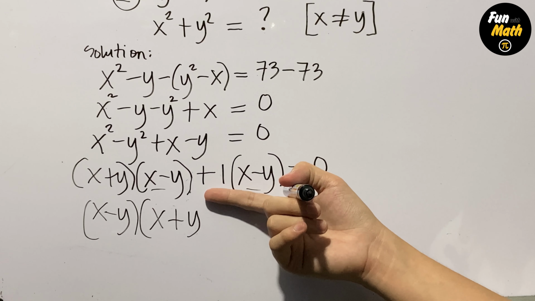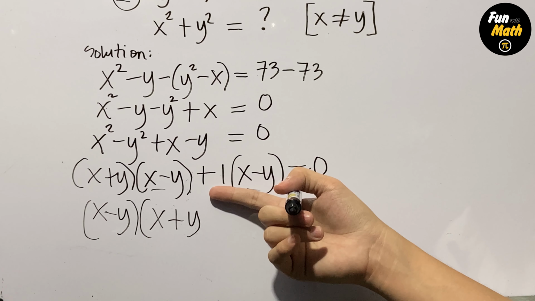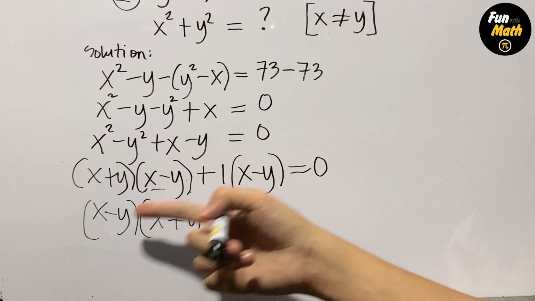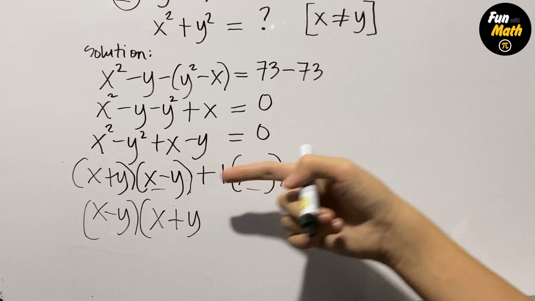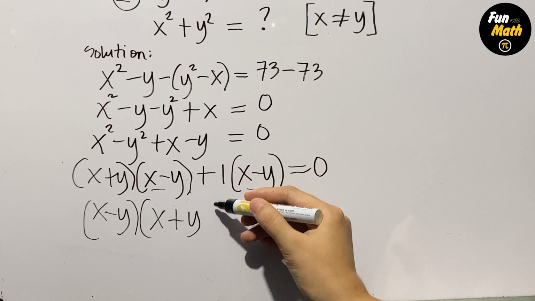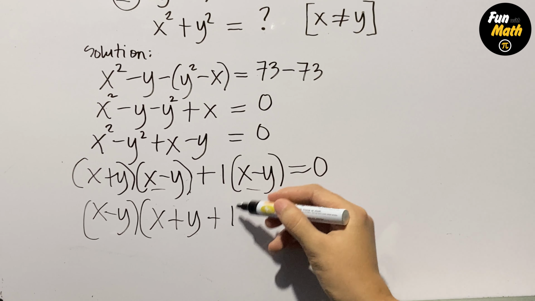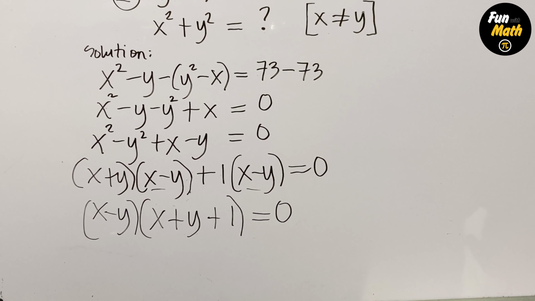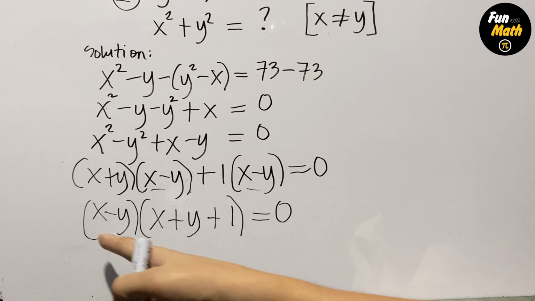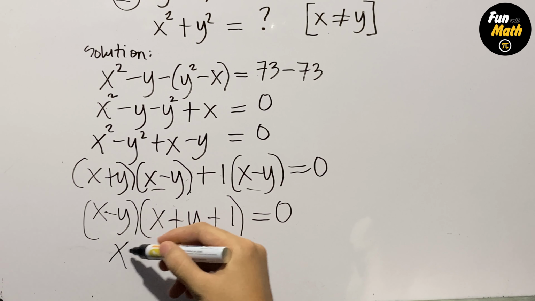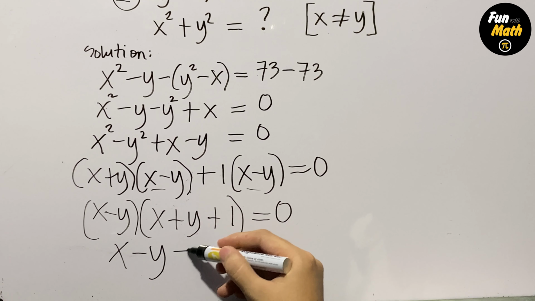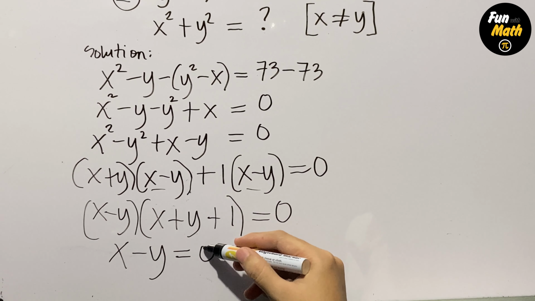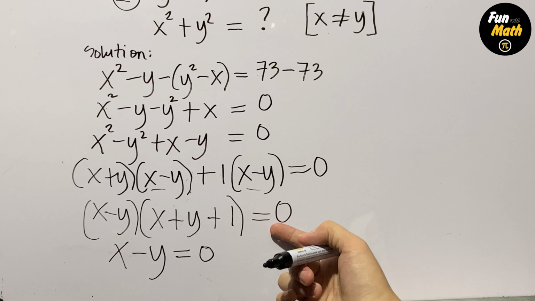And then here, 1 times x minus y divided by x minus y will be cancelled, and we have plus 1 equals 0. Next is, for this, x minus y is equal to 0 for our first equation.